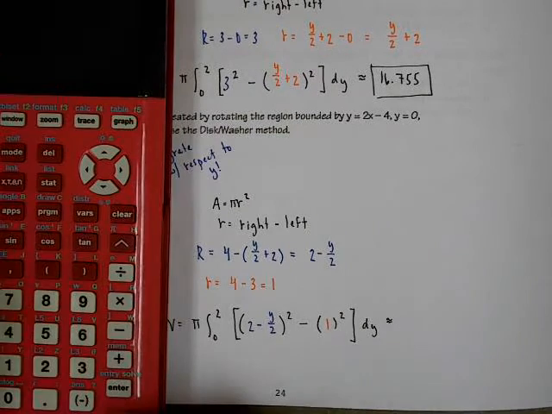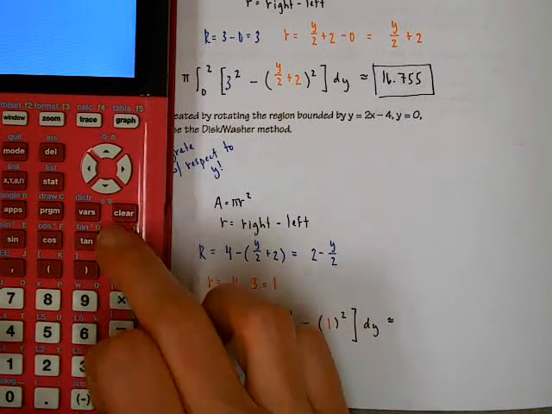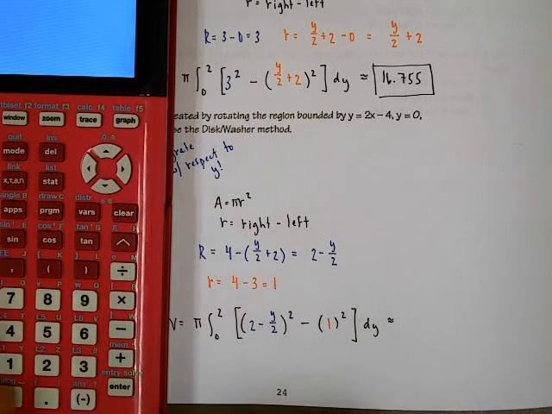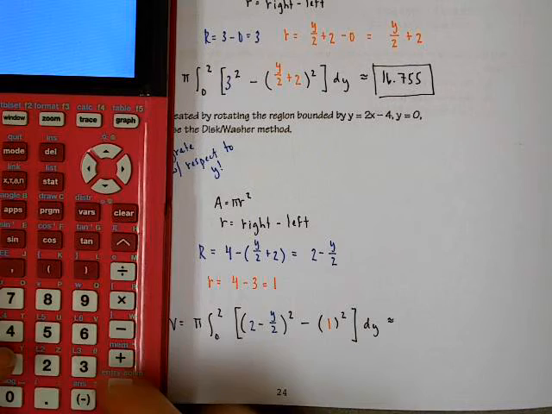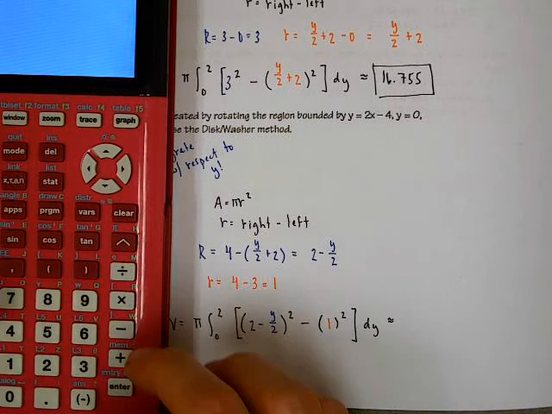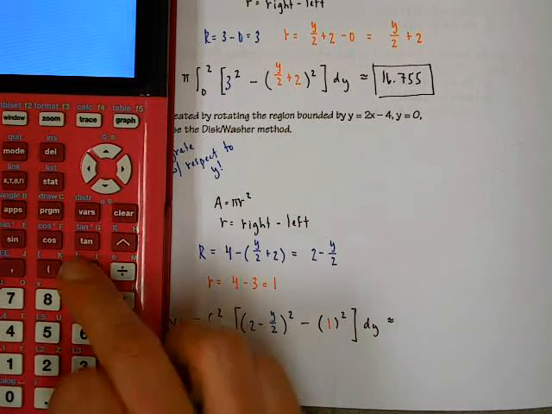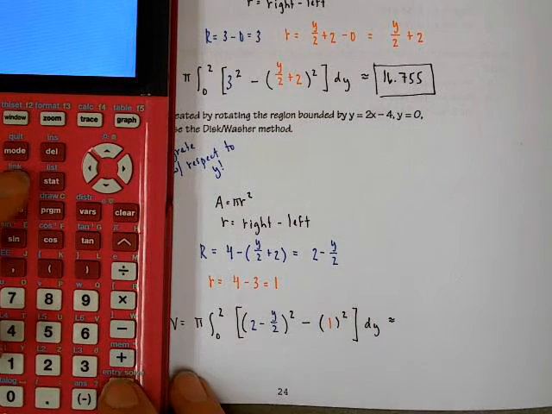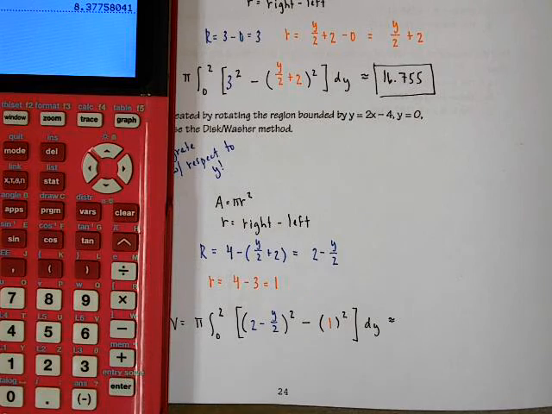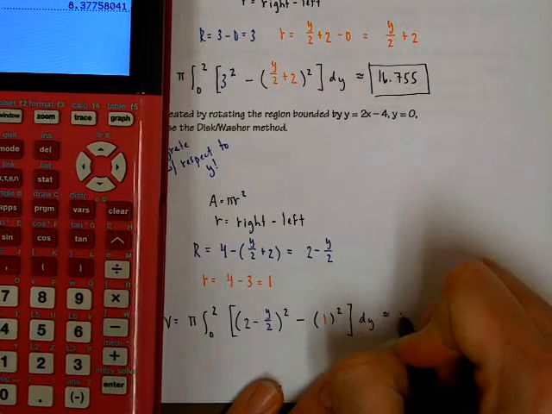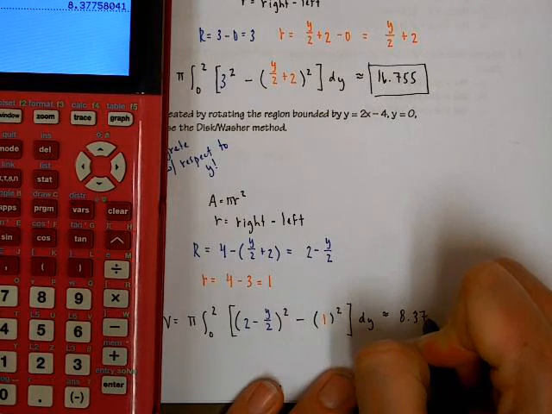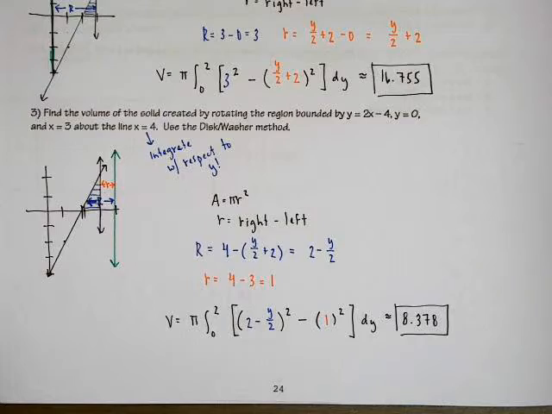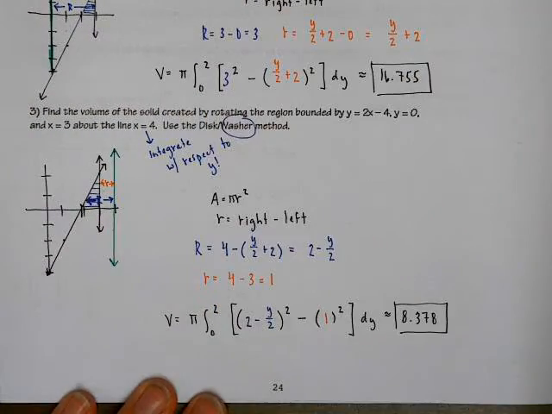So then we get, math 9, from 0 to 2, I have 2 minus x over 2, quantity squared, minus 1 squared, dx. And I get approximately 8.378. And this again was a washer because of that blank space.